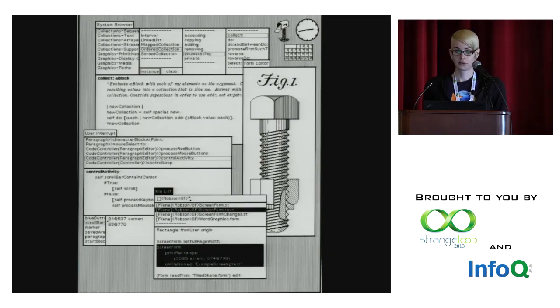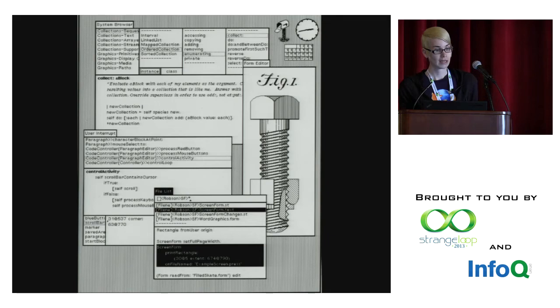So you could be programming, and your editor, in which you were editing your Smalltalk code, was itself written in Smalltalk. So you could modify your editor inside of the Smalltalk system while you were programming in Smalltalk and so on. And you also had a system browser where you could browse all the classes in the system and modify the kernel. You could really shoot yourself in the foot if you wanted, but it was also extremely powerful and dynamic.